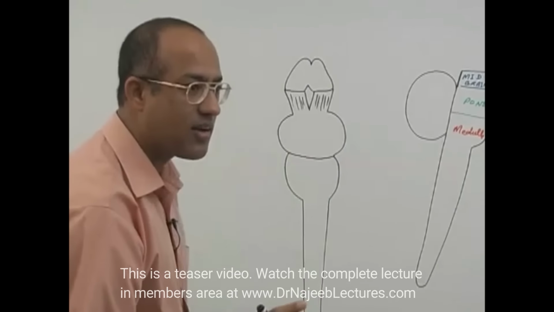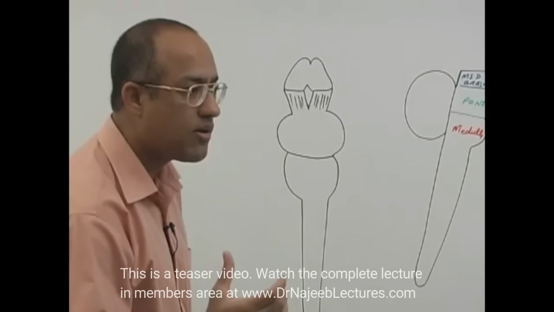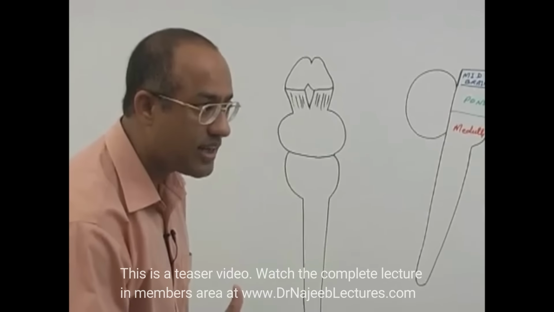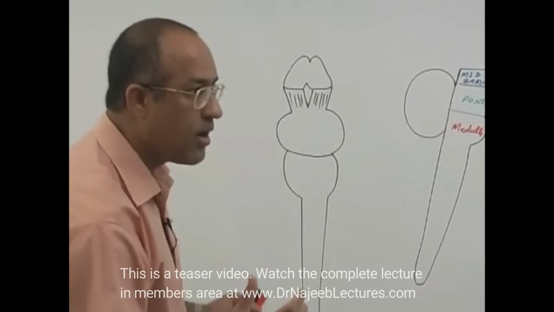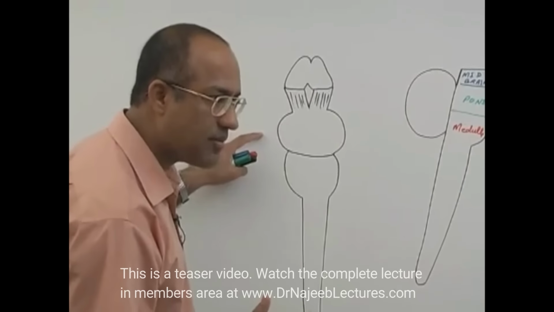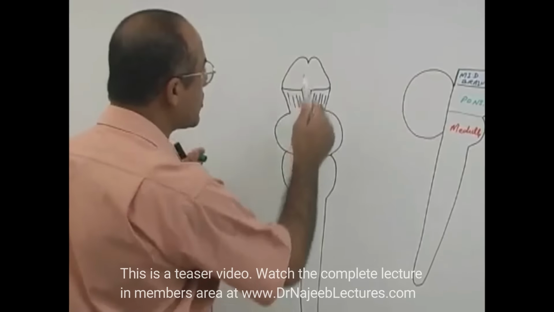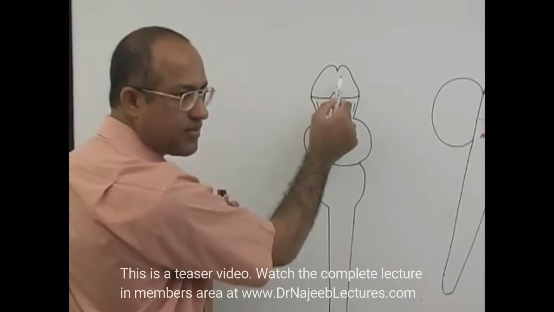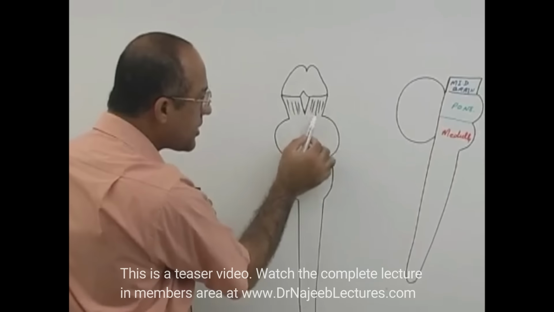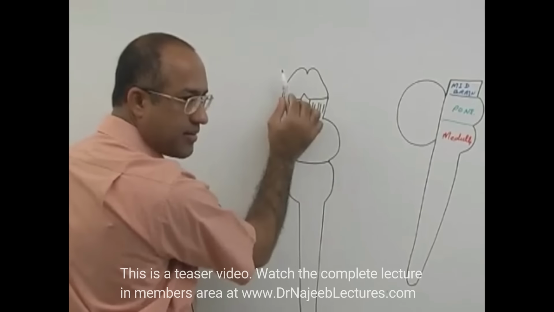What is your concept of peduncle? A peduncle is a very big bundle of white matter fibers, which connects the brain stem with the cerebral hemisphere or with the cerebellum. The cerebral peduncles connect the brain stem with the forebrain.